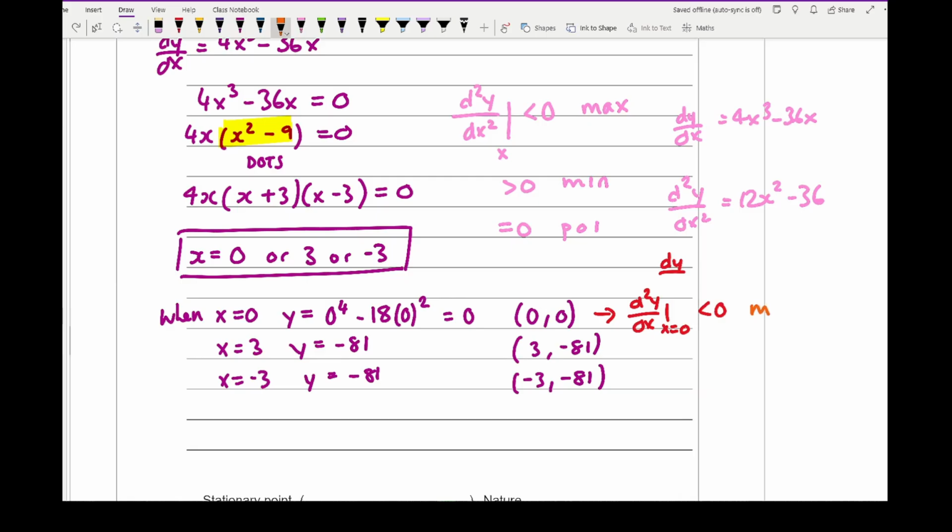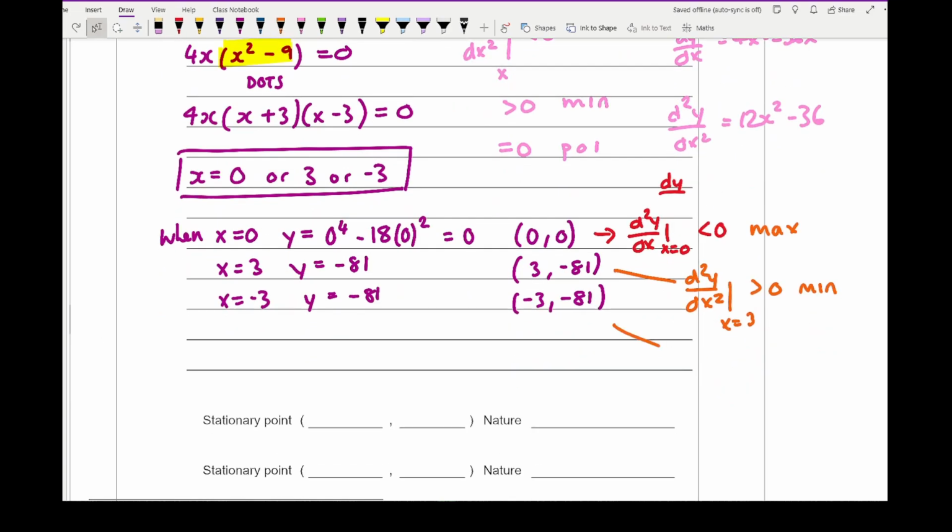So it's a maximum. For the second derivative, when we substitute x equals 3, we get a positive value, so that's going to be a minimum. And when we substitute the negative value, we get a value that is positive, so that's also going to be a minimum.